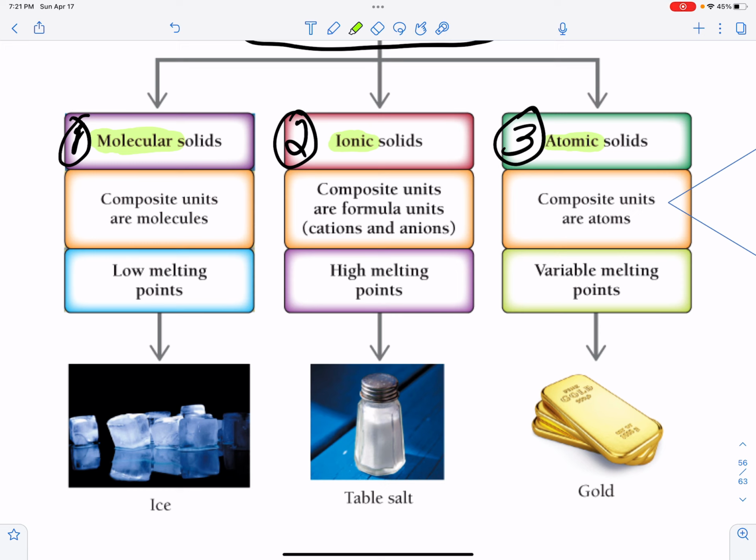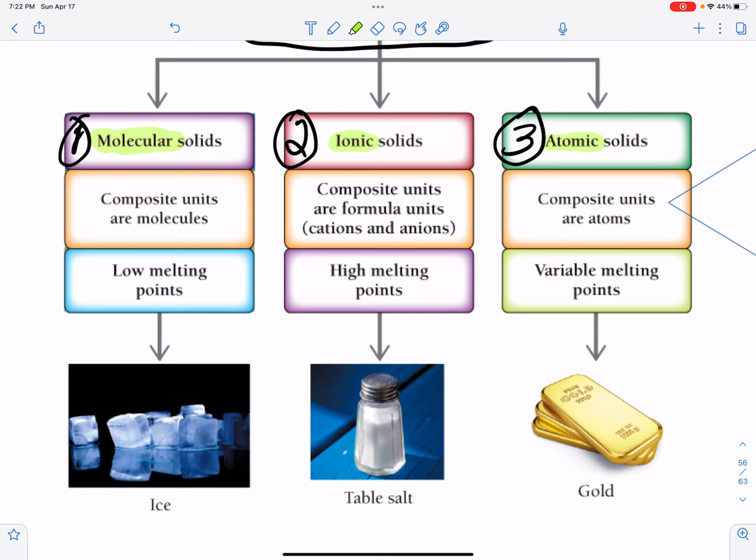So it's not going to be a molecule where you need two or more atoms. An atomic solid is going to be just atoms put together somehow, and most of the time the same atom. So for a molecular solid, you should be able to say, there's a molecule, there's a molecule, there's a molecule, and they're very close together because of the intermolecular forces, and they're making a solid, like ice.